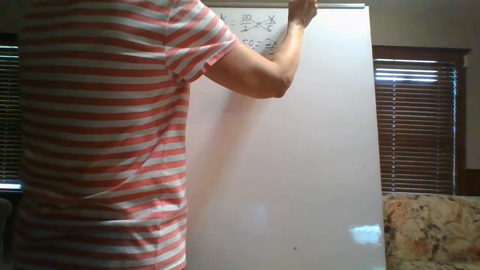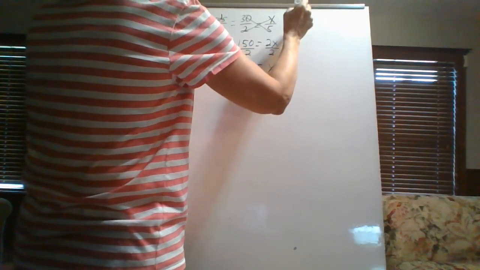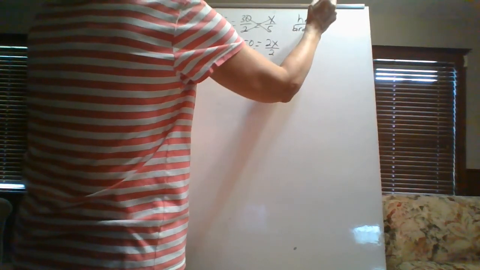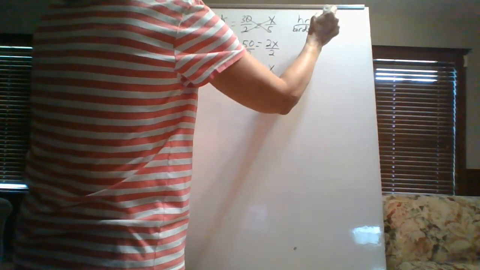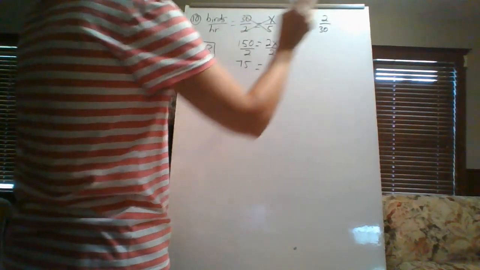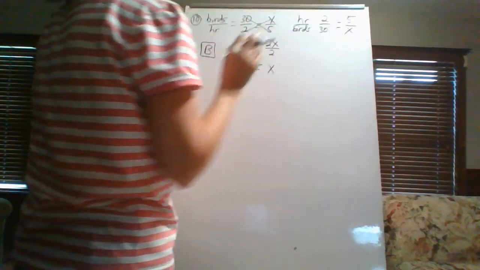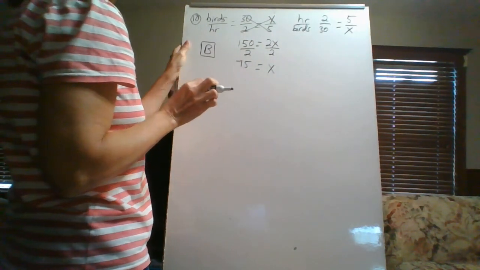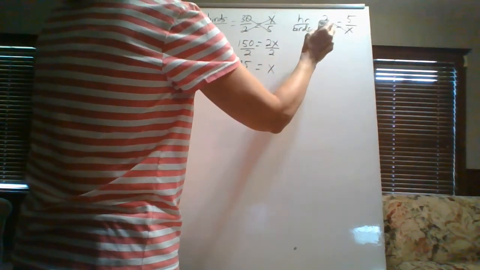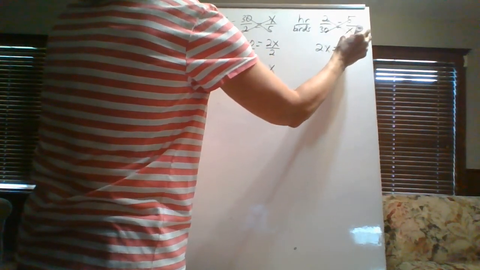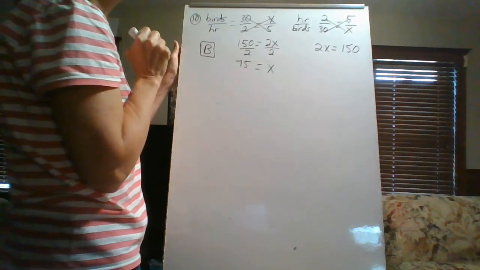Let me just show you this because I don't want you to get worried about which one should be on top. Doesn't matter as long as I stay consistent. In 2 hours, he saw 30 birds. In 5 hours, we don't know, how many birds would he see? X. Cross multiply. 2x equals 150.